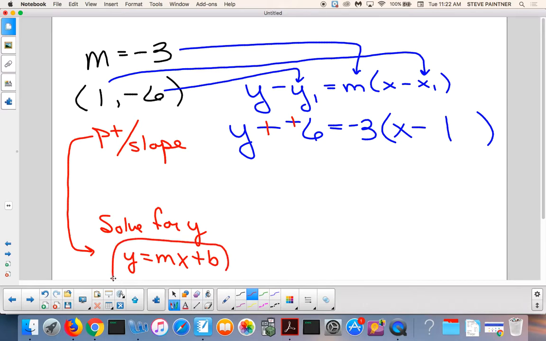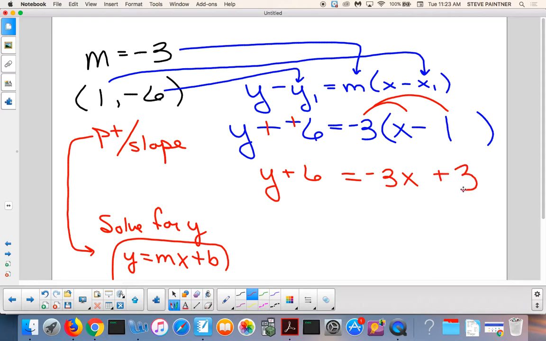Okay. So now it says this. Usually, using point slope is just a way to help us get our equation in slope-intercept form. Let's do that now. Number 3 says, distribute and simplify. Okay, so here we go. Distribute this and this. And then this is just y plus 6, isn't it? Y plus 6 equals -3x plus 3.